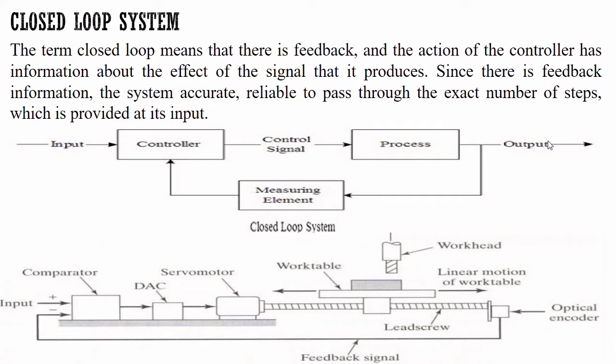But before it gives an output, there is a check. A feedback is sent to the controller through the measurement element, so that if there are any errors occurring or deviating from the input data, the controller unit is going to recorrect and give the corrected signals to the machine tool, so that the output is always going to be 100% correct, right?